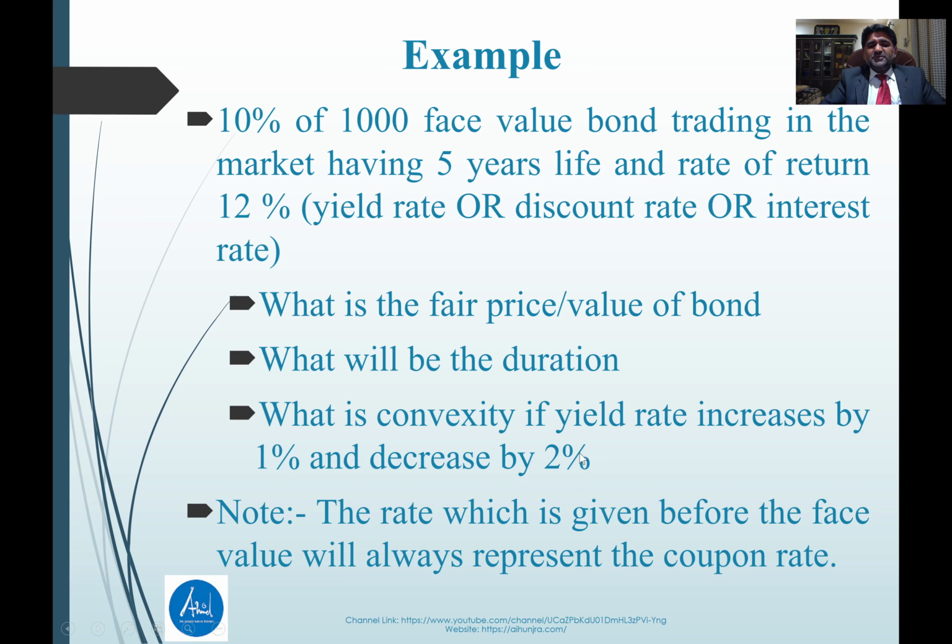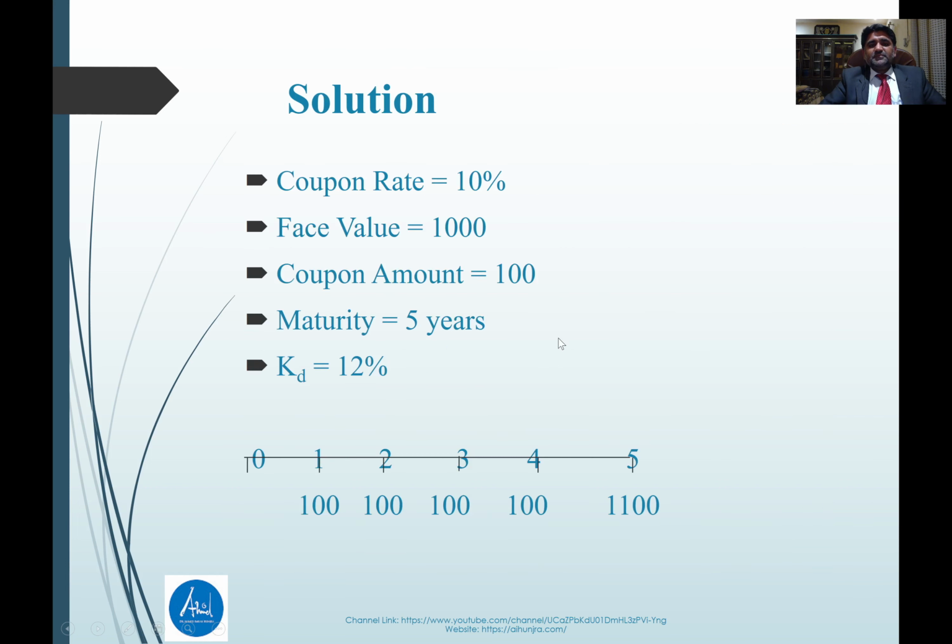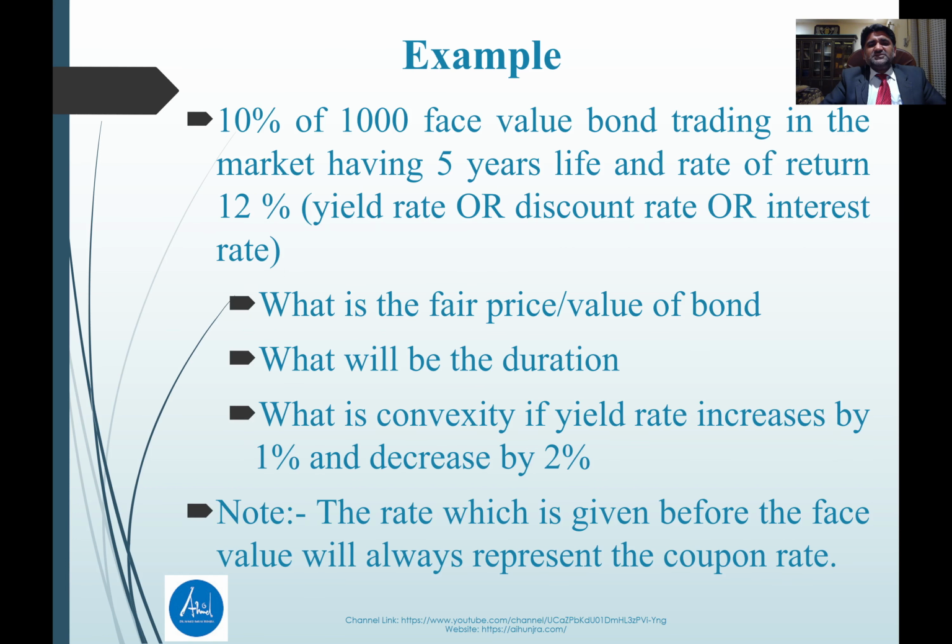Here always remember, the rate which is given before the face value always represents the coupon rate. Now we can solve this question. The face value is 1,000 and the life is 5 years.